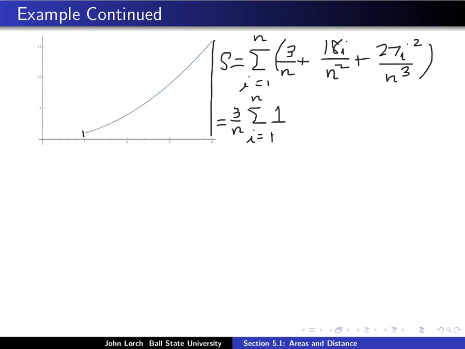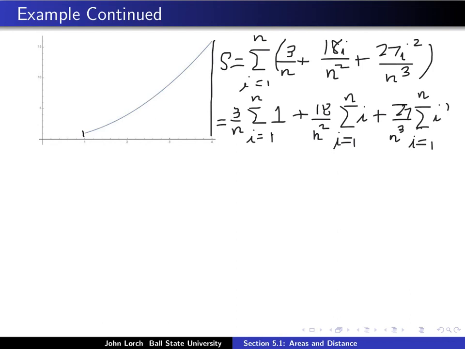So that's the first bit of the sum. And then plus 18 over n squared times the sum i equals 1 to n of i. And then finally 27 over n cubed times the sum i equals 1 to n of i squared.